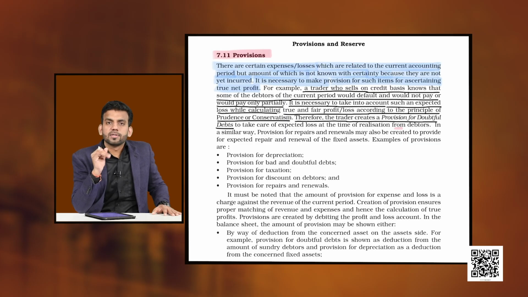So that is provision. Provision means anticipating a future loss or expense, but we do not know the exact amount. That's why we make an estimate of such loss from our past experience and put it into our books.